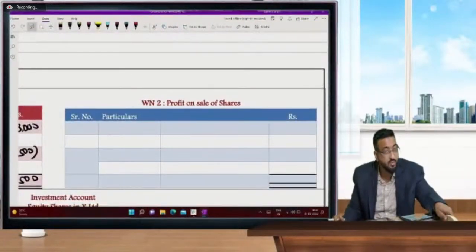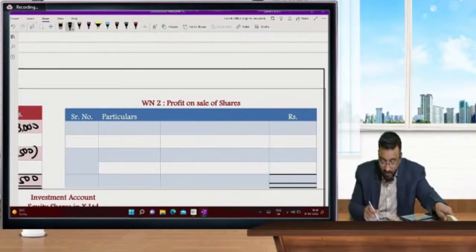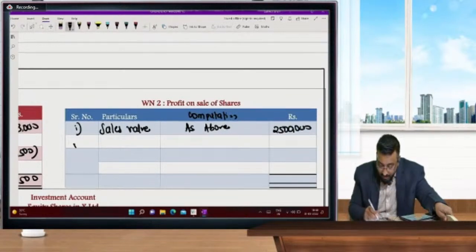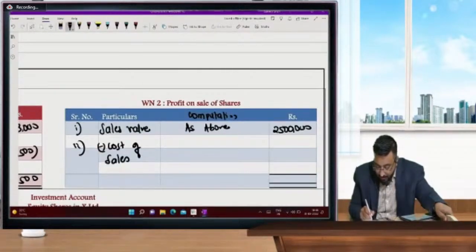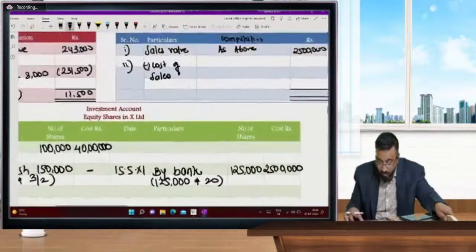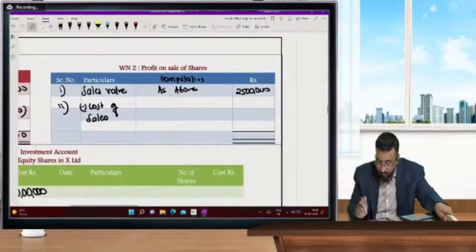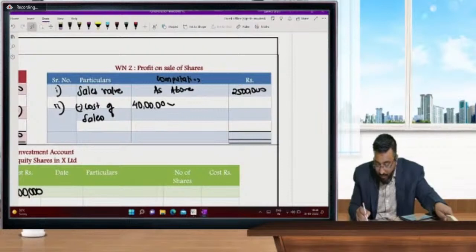Profit on sale of shares, working note 2. What is the Roman 1? Sales value, as above. How much? 25 lakhs. Sales value as above. Less cost of sales. How many shares you bought? 40 lakhs for 2,50,000 shares, weighted average method. 2,50,000.